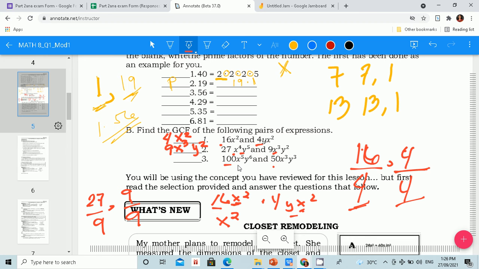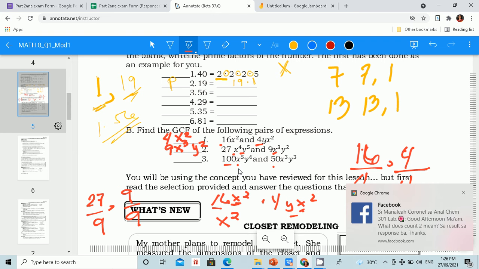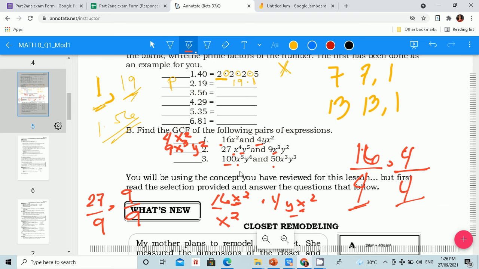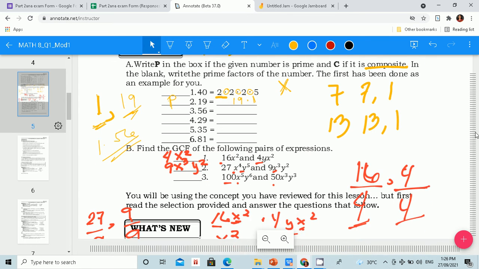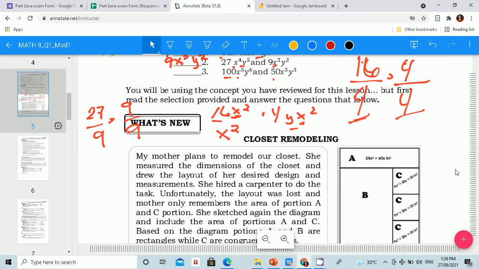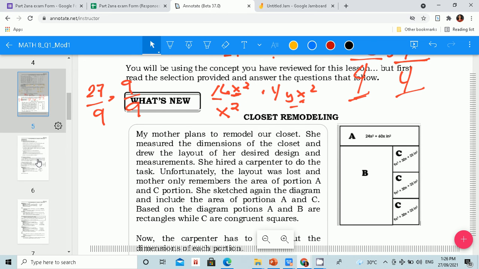It's easy, class. There is x on both sides. Now, we have to decide which exponent we will use, the one that can be divided on both sides. Okay, you can do that. All right. I'll leave that to you.